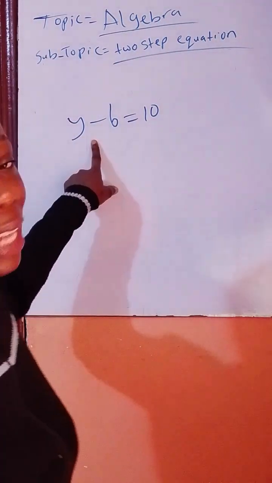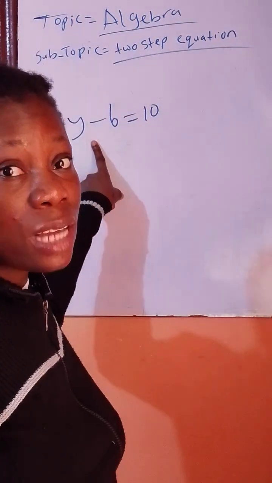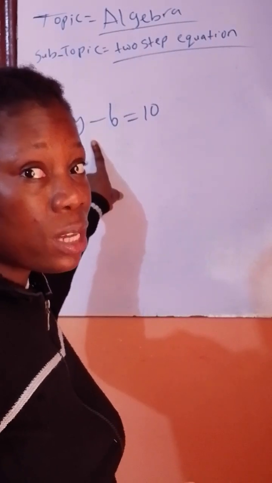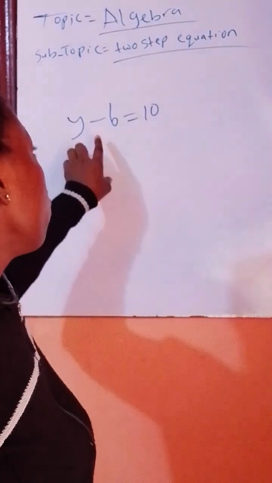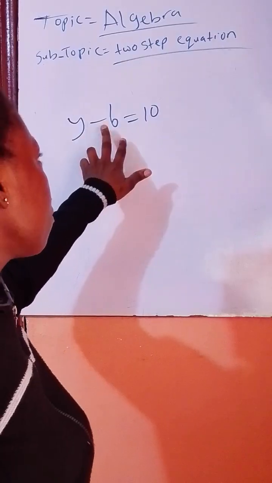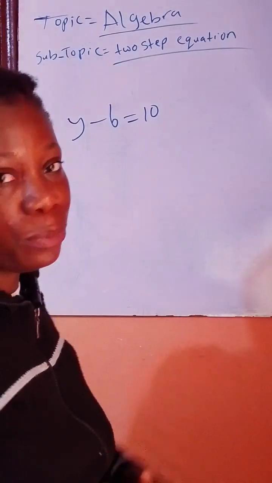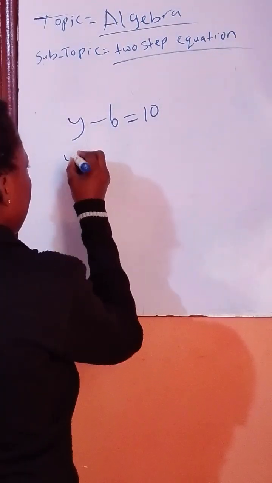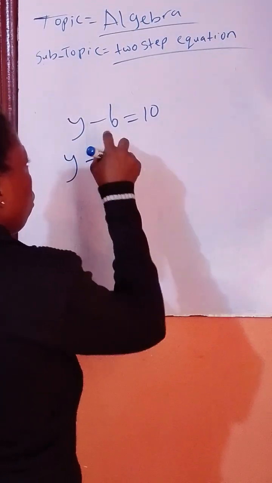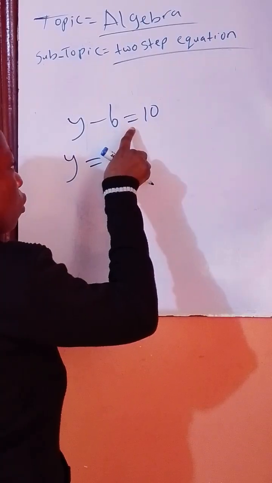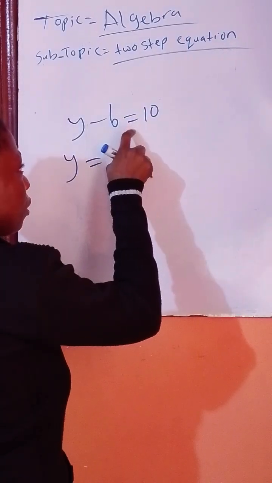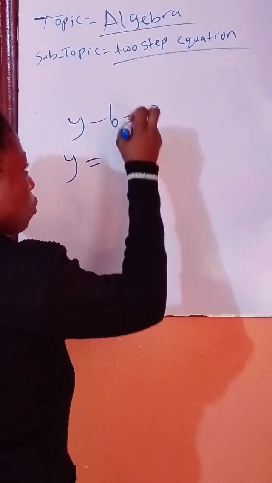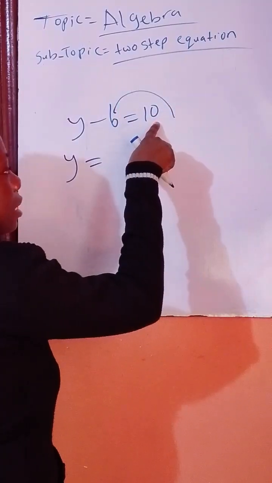This example that I gave now is one-step equation. When you have something like this, y minus 6 equals 10, the next thing you are going to do is to bring down your y equals.